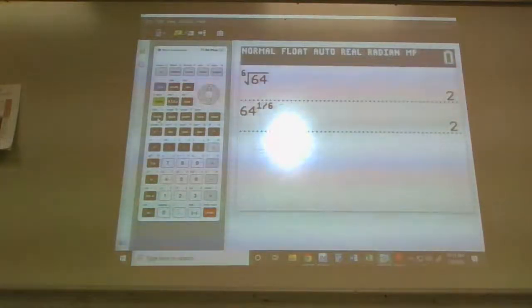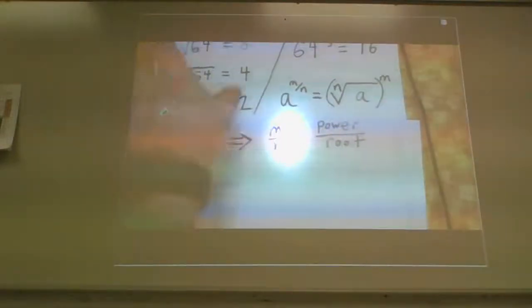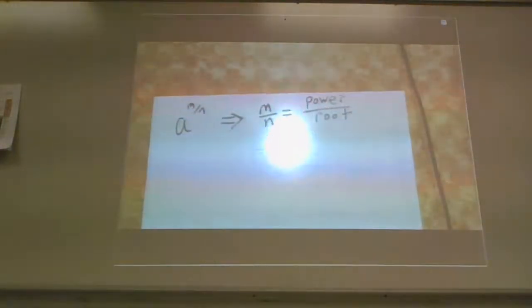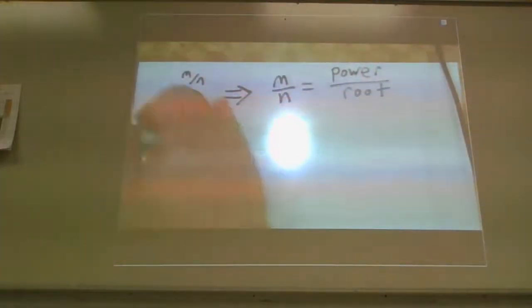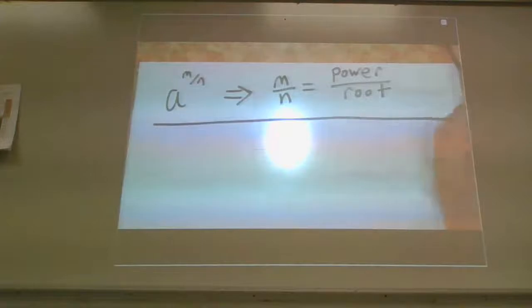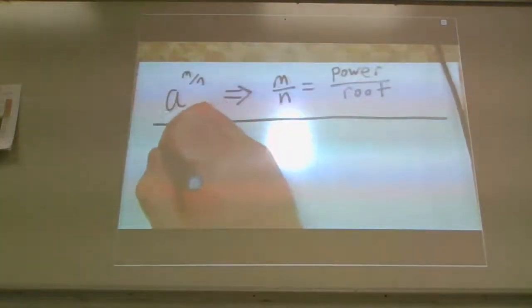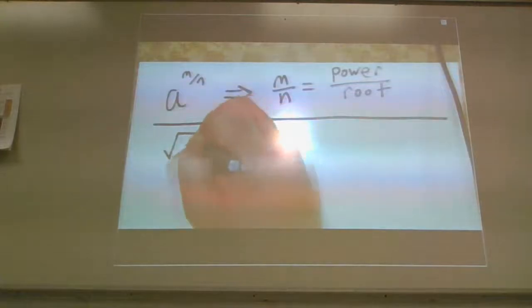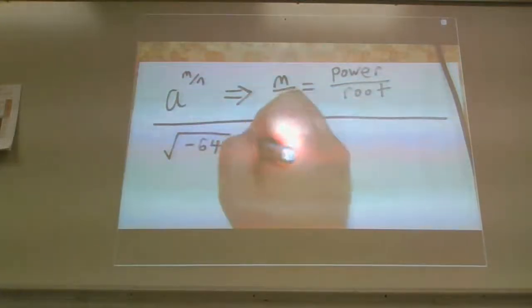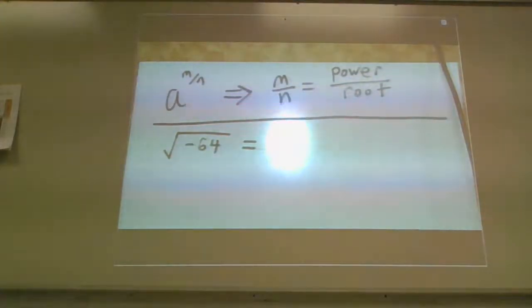One more thing that I do have to show you. And we're going to do this on the calculator in a moment as well. But I want to write down one more thing. I did not miswrite that.